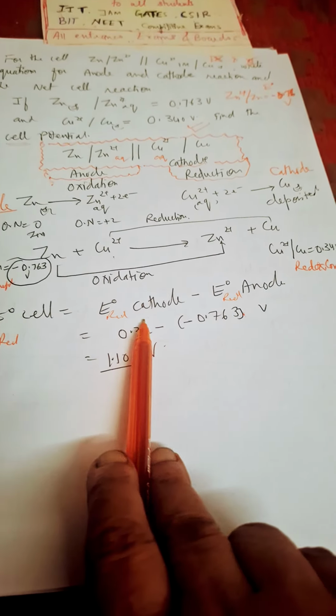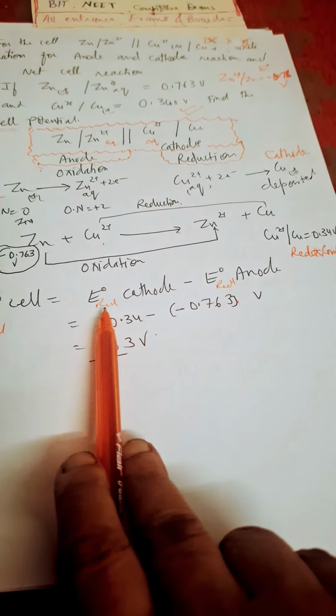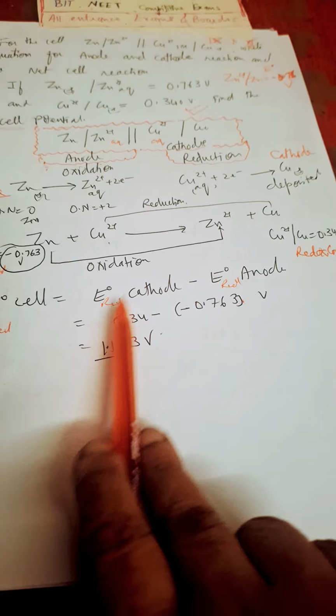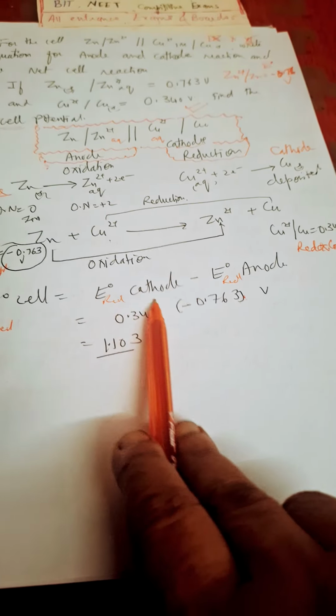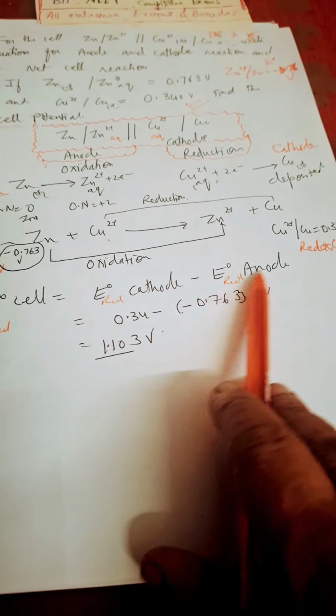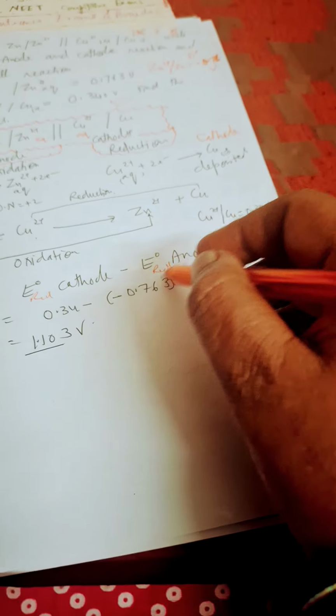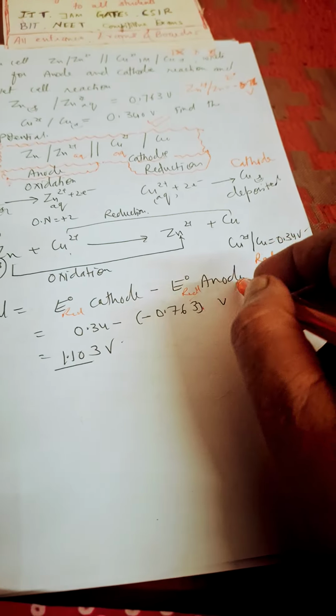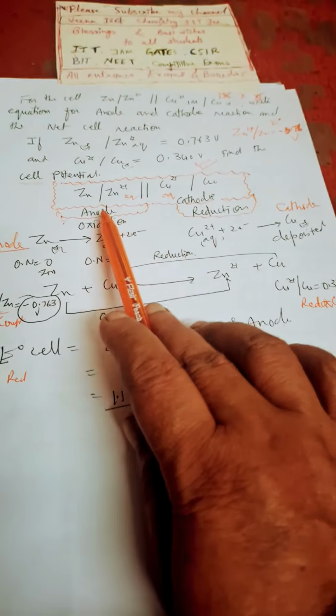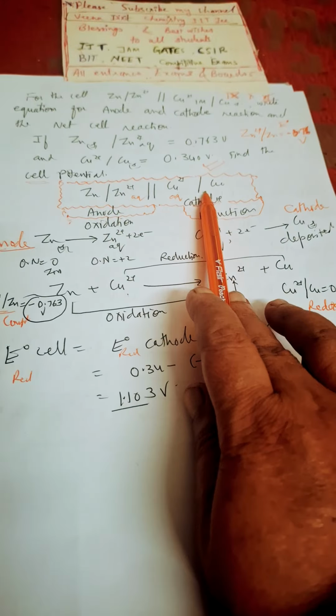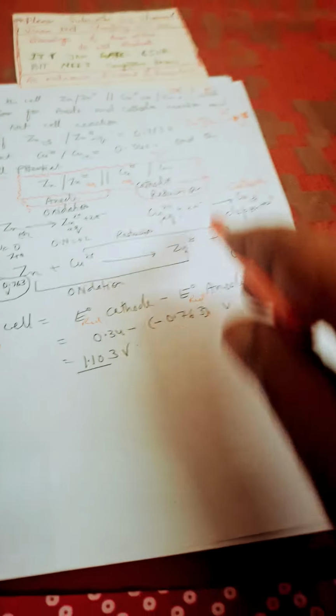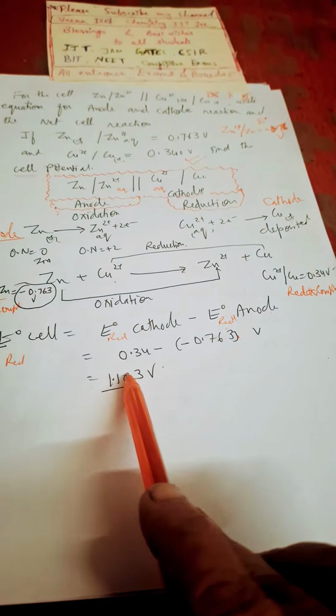E naught cell is equal to E naught cathode minus E naught anode. I told you always that it is the reduction potential: E naught reduction of cathode, E naught reduction of anode. Where is cathode? This is cathode. What is the value? 0.34.